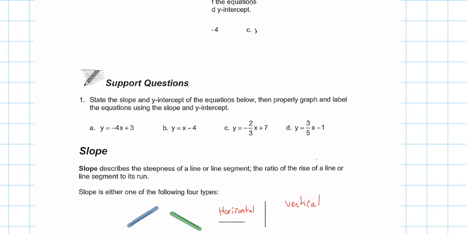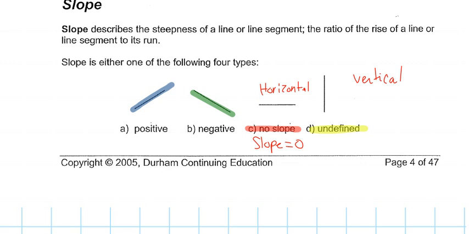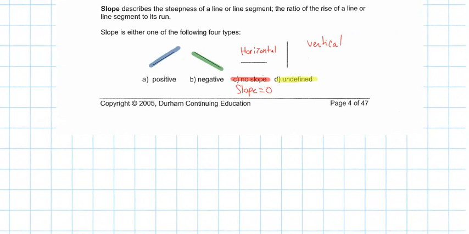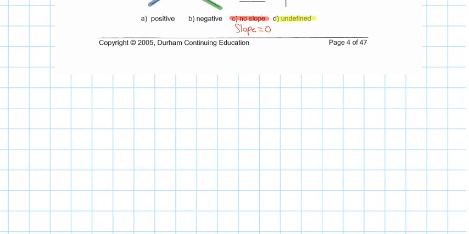I just want to show you how the formula would look for a horizontal line. So a horizontal line, let's say you have this, and I have a horizontal line that passes through this.